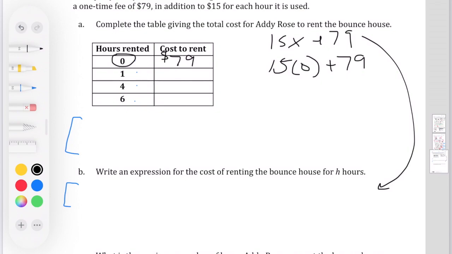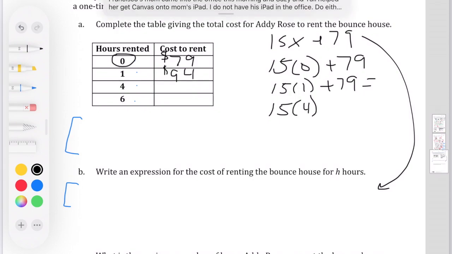Then we have 15 times 1, which gives us 15. Then we have to add the $79, and that's going to give us a cost of $94 for that usage, 1 hour plus the flat fee. Then if we want to use it for 4 hours, we have 15 times 4, which equals 60.